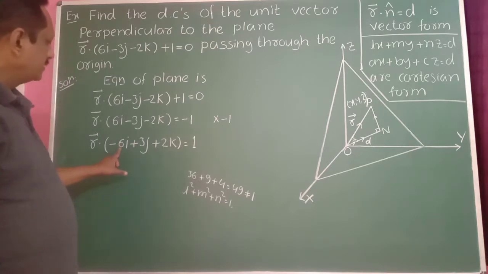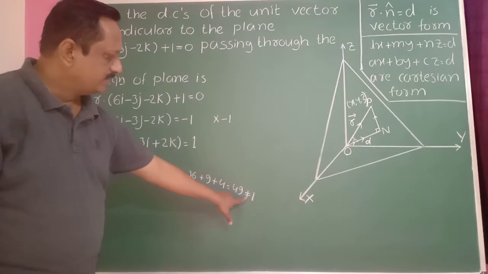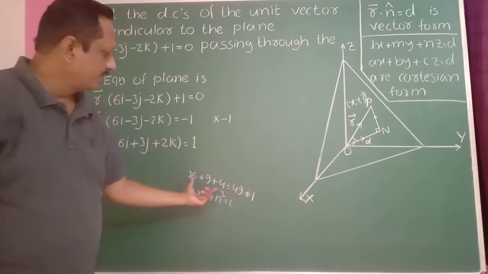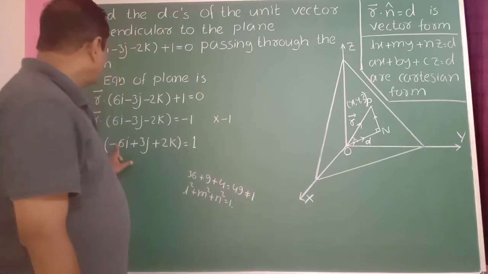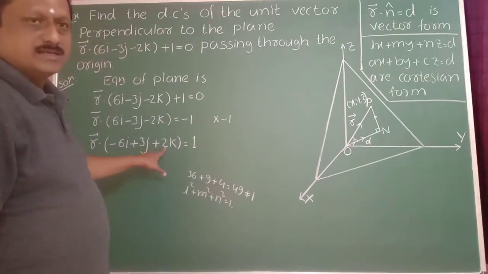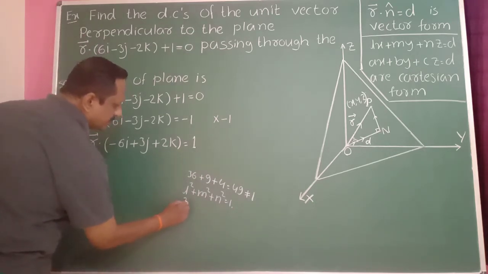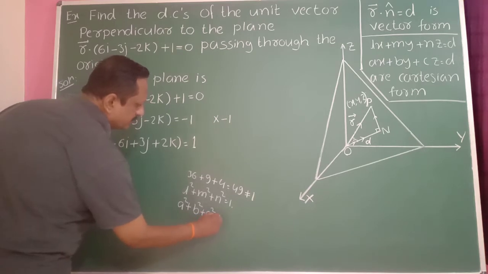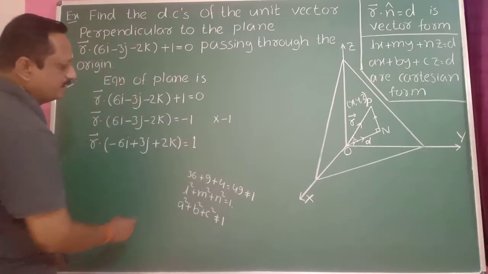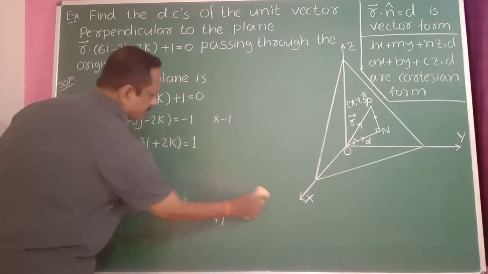But these are not direction cosines, these are direction ratios, because the sum a square plus b square plus c square is not equal to 1 in this case.